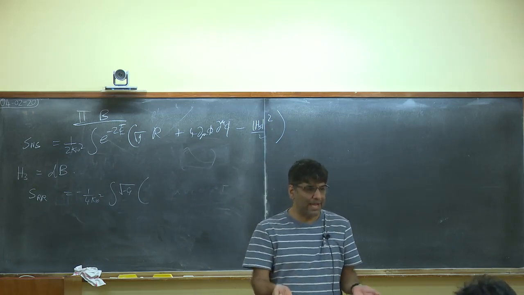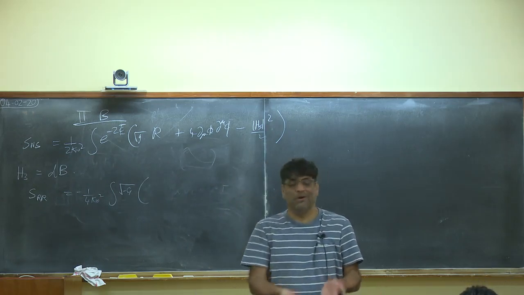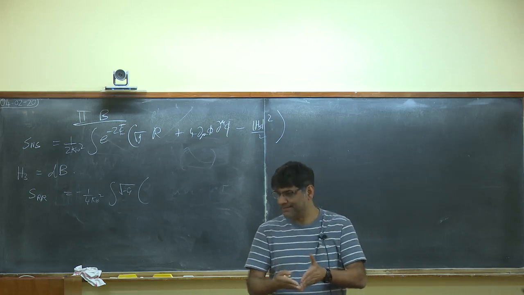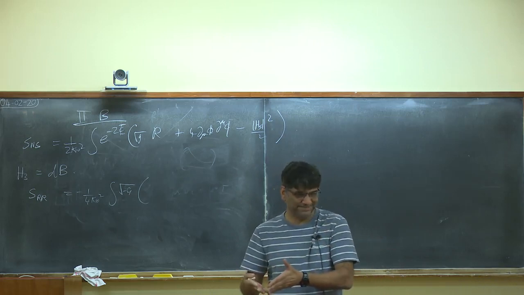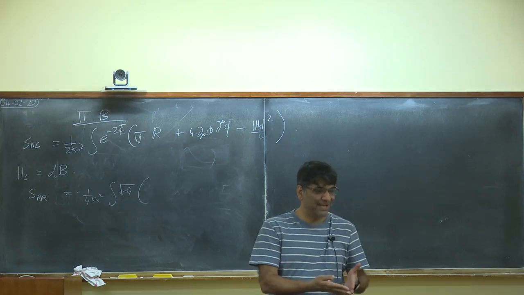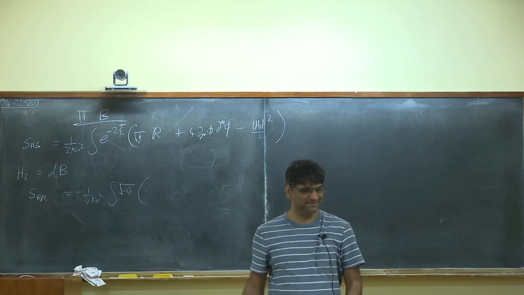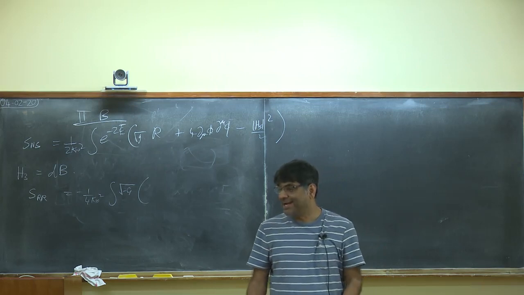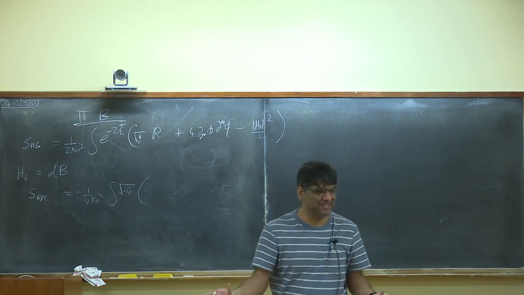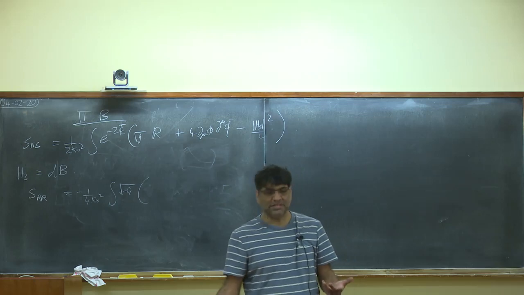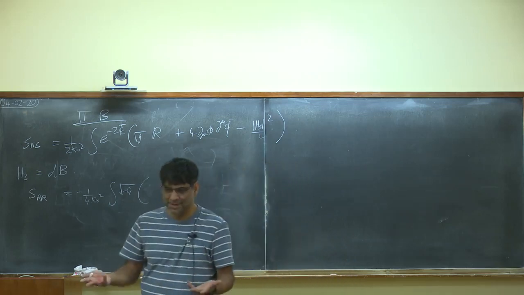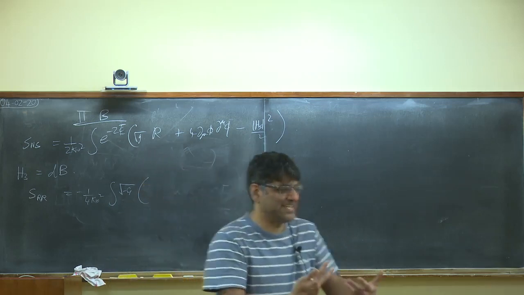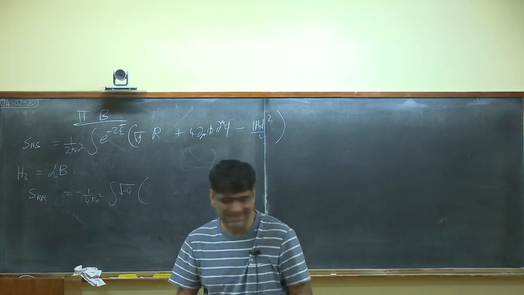So in type 2a, we had a 1-form gauge field and a 3-form gauge field. In type 2b, we have a 0-form gauge field, a 2-form gauge field, and a self-dual 4-form gauge field. So in terms of field strengths, we have a 1-form field strength, which is just the derivative of the scalar.